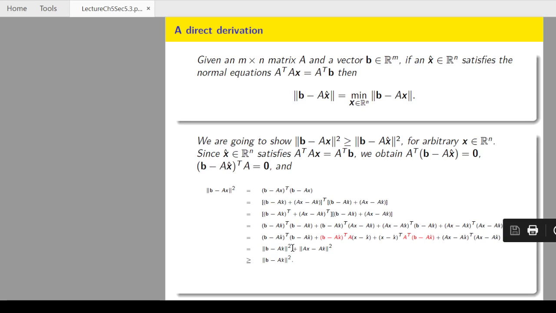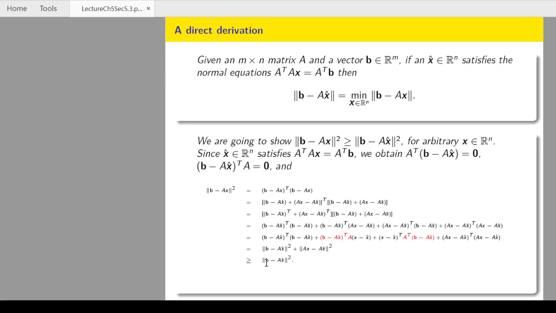Now we have two square terms, whose values are at least 0. If we drop the second part, we get that this is greater than or equal to the square of the distance between b and A x hat.